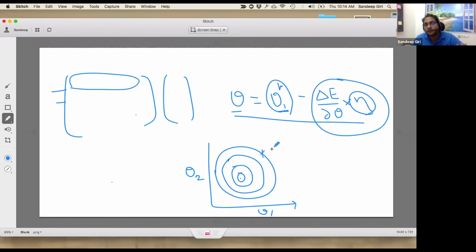We randomized it, right? And from here, we computed the slope, meaning the rate of change of error with each of the thetas, right? So ideally, you will just keep on going like this. At every step, you will basically keep on going like this. Got it?